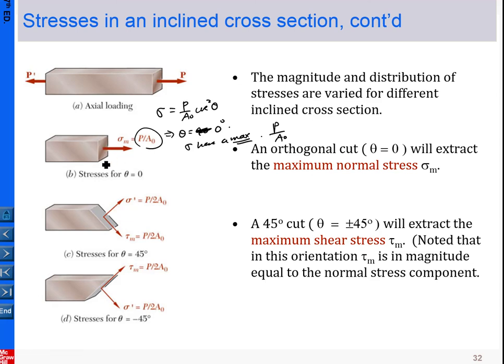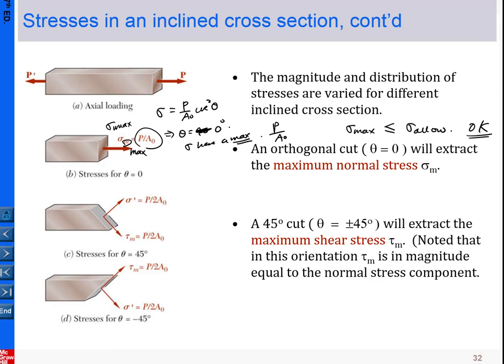In such an orientation, we can extract the maximum normal stress. Here M means maximum, so this is sigma maximum. For the design, as long as you ensure your maximum is less than the allowable stress, this design is okay. It's a good design.